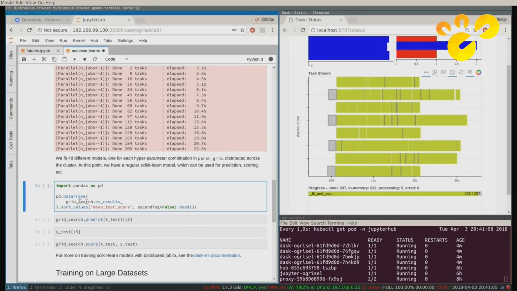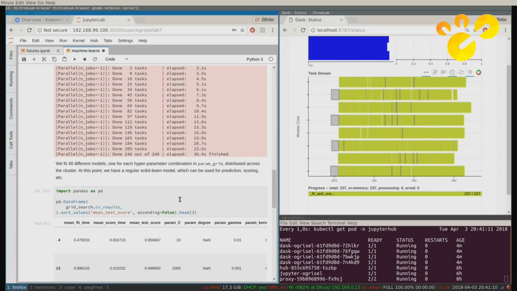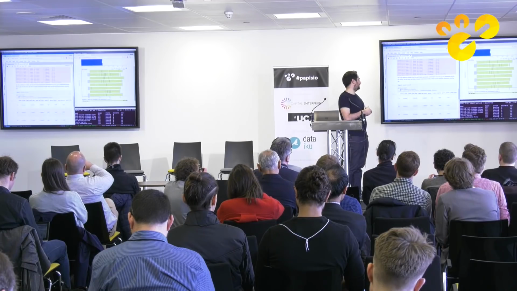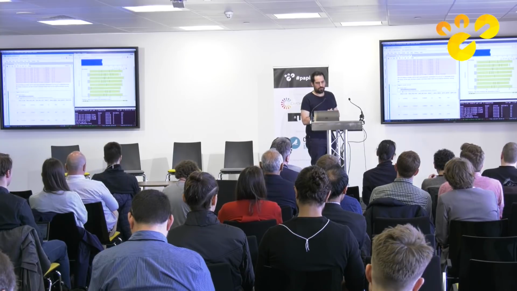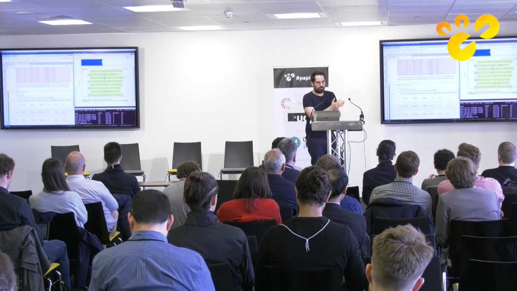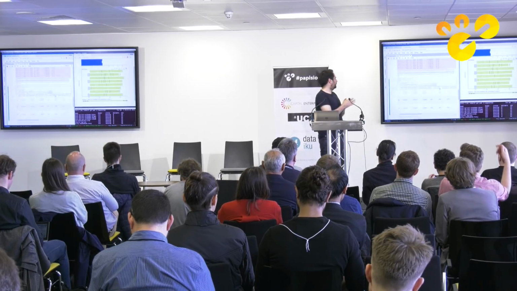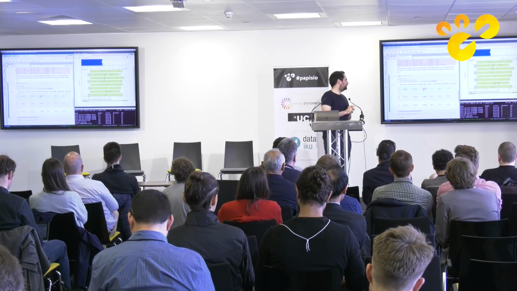The results are in an attribute of the grid search object. I can wrap them in a pandas data frame to be able to sort and display them as a table in the Jupyter notebook. So here we sort the results by the best mean cross-validation score across the different folds. The best one has 95% accuracy.